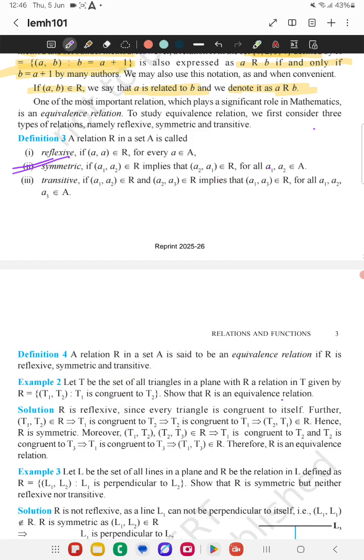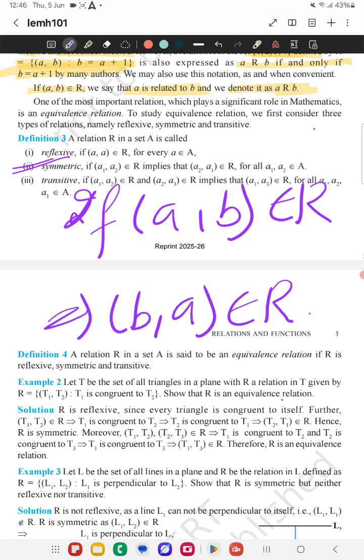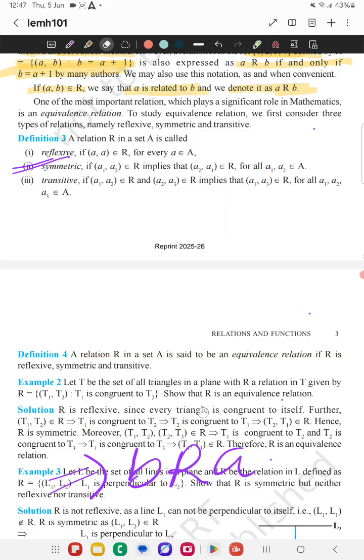In symmetry, if (a, b) belongs to R, that means (b, a) should also belong to R. I can say if a is related with b, that means b should be related with a, for a, b belonging to set A. So this is the definition of the symmetric relation.